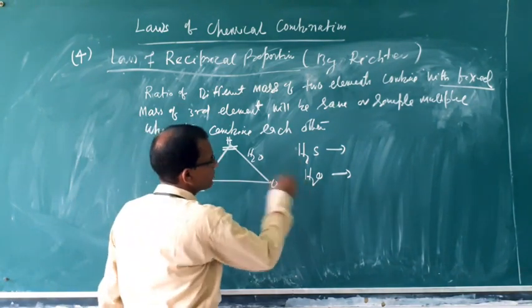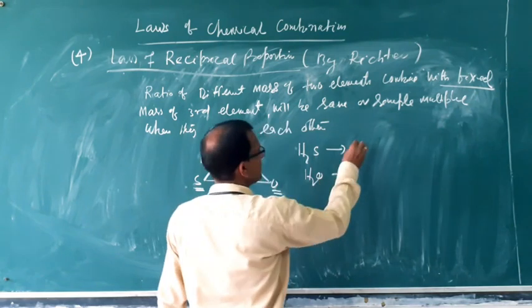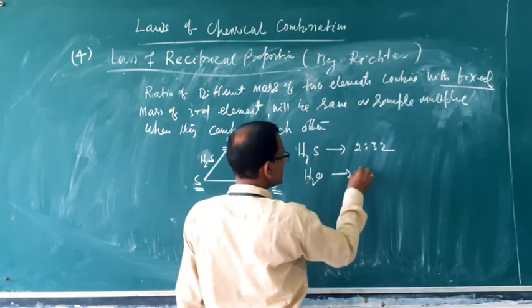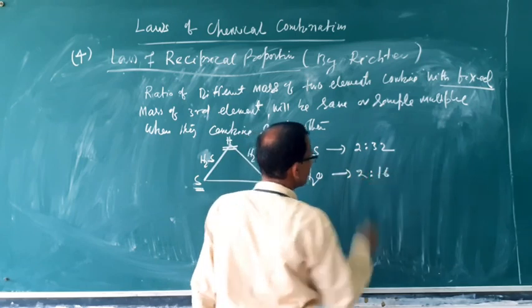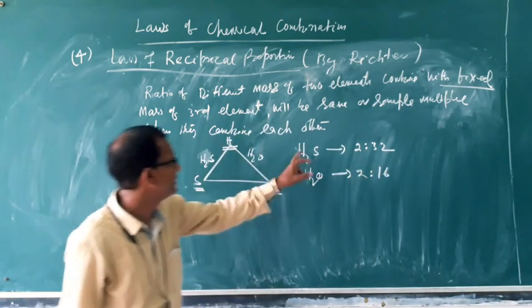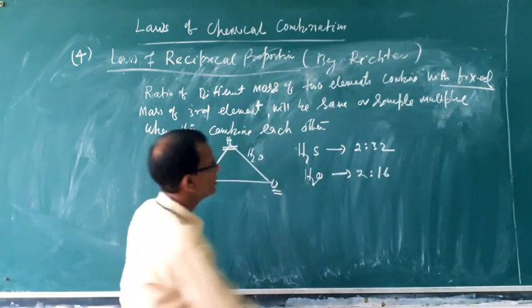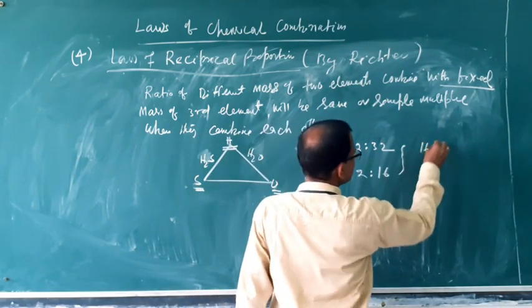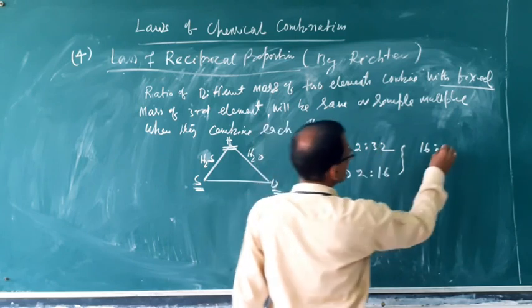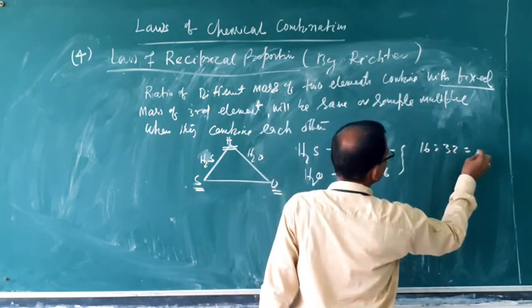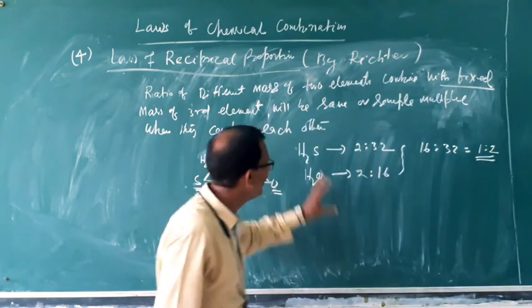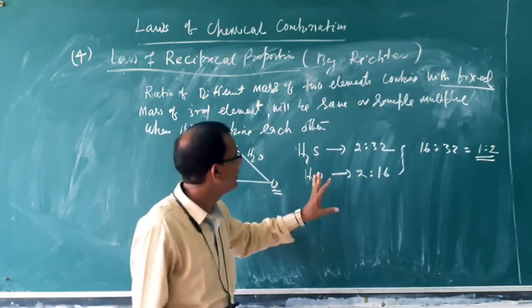So here the relative mass is 2:32, and here the relative mass is 2:16. Hydrogen is taken constant. Then the different mass is 16:32, which is 1:2. This is the ratio of what?